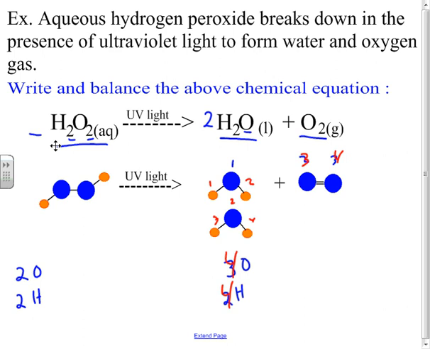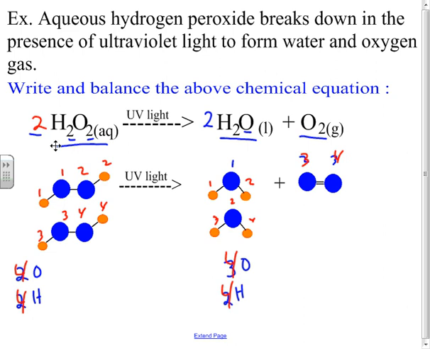And to get the same number of hydrogens and oxygens on the reactant side, I'm going to double the hydrogen peroxide. So now we've got 2 hydrogen peroxides. That's going to double the number of oxygens and the hydrogens. So now we've got 4 oxygens and 4 hydrogens.